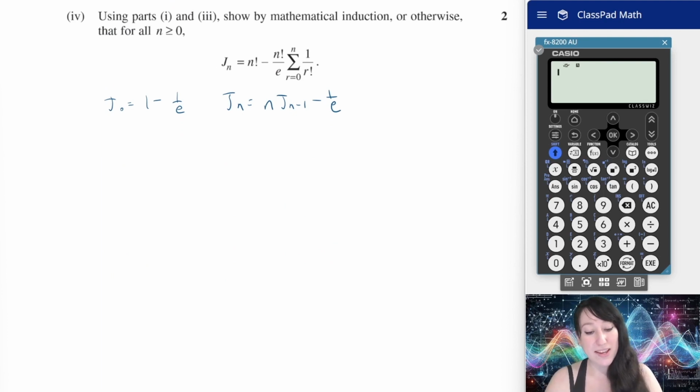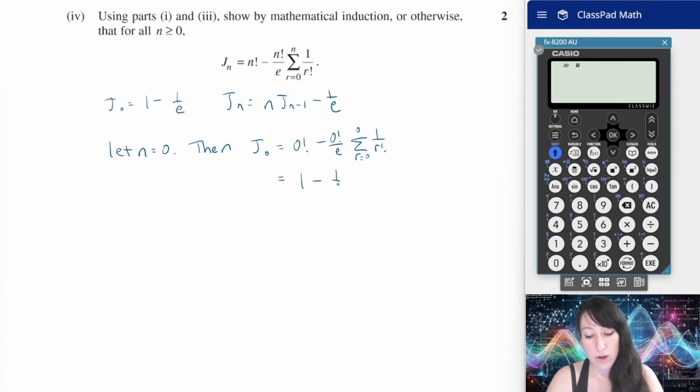Let's see if we can prove this with induction. Let's start with the base case of n equals 0. In the statement given in part 4, we would get 1 minus 1 over e times 1 over 0 factorial, which is 1. So it equals 1 minus 1 over e, which agrees with what we got in the other definition of Jn.